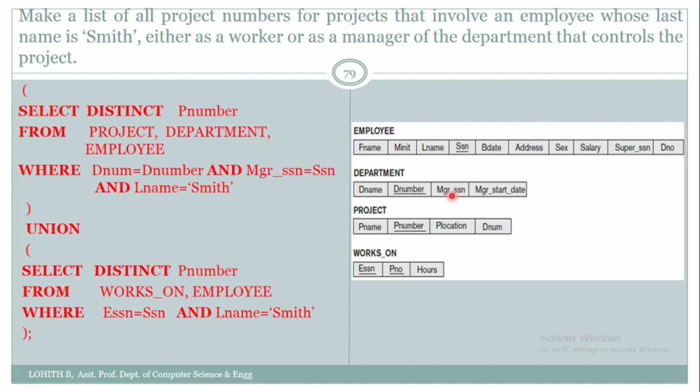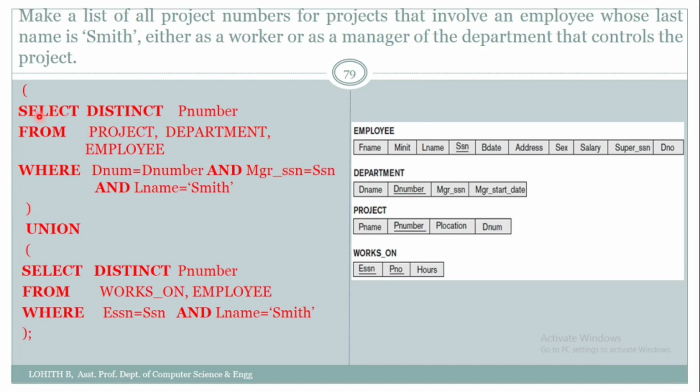Then, to retrieve the project number, I need to join the department with the project using the join condition dnum and d number of department table. So in order to retrieve the project number where Smith is a manager, I require employee, department and project table.